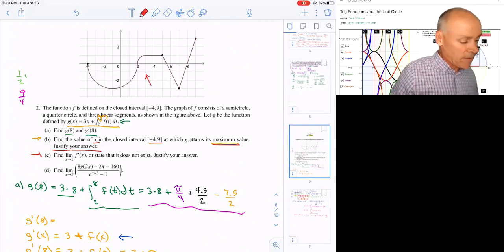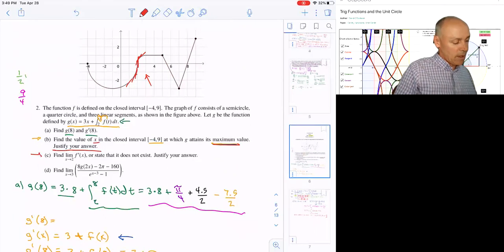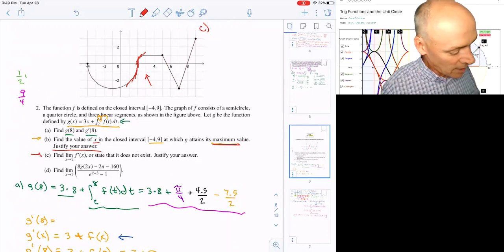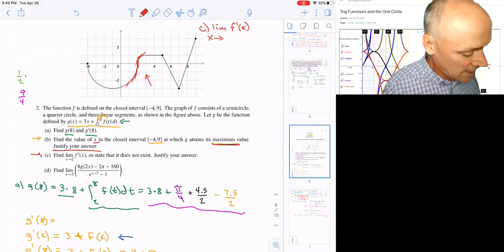I'm looking at the derivative, so I should be thinking about what the tangent lines are doing as I approach 2. So the way I should answer this is the limit of f prime of x as x approaches 2.